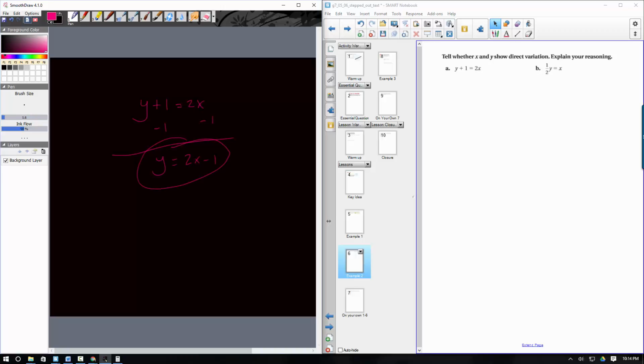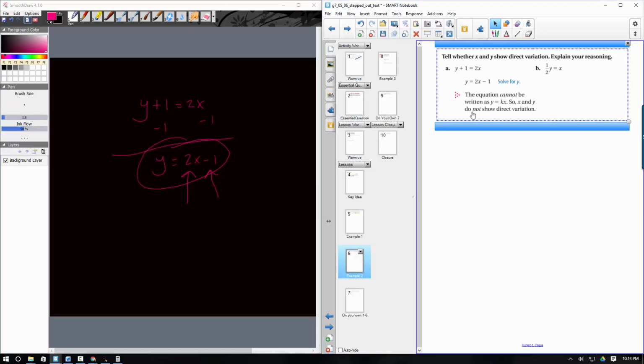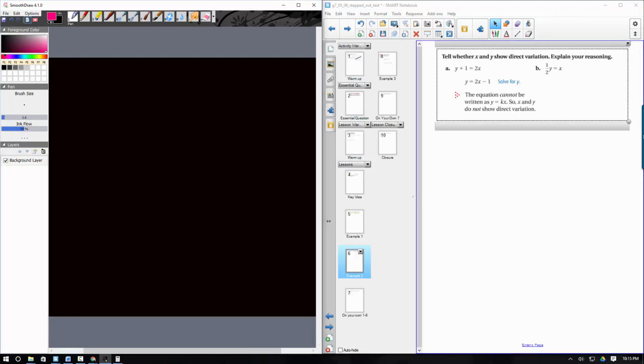Well, the slope part is perfect, but this starting point of -1 is not direct variation, so this is a no. This one here, I have 1/2 y equals x. And to get the y by itself, I have to multiply both sides by 2 over 1. So I'll have y equals 2 over 1x plus 0. So this is linear, and it starts at the point 0, 0, so it is direct variation.